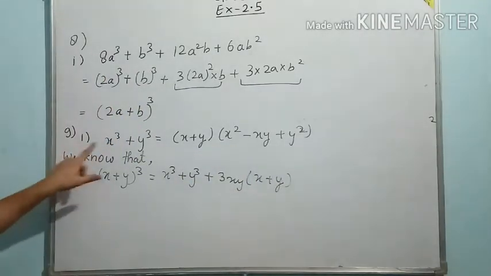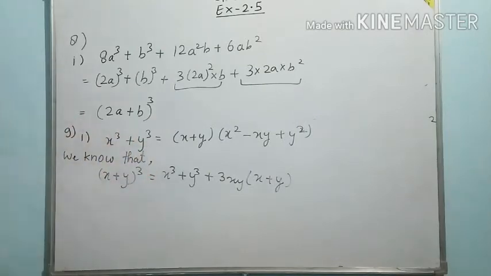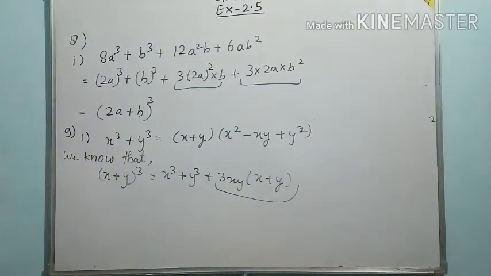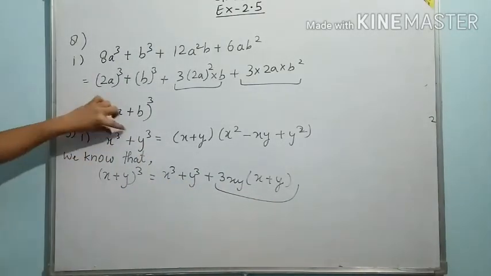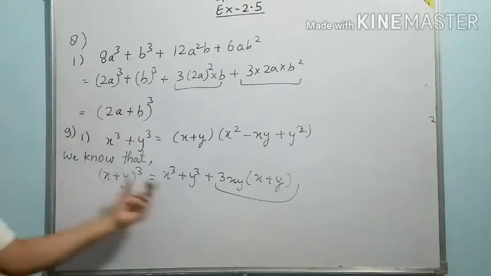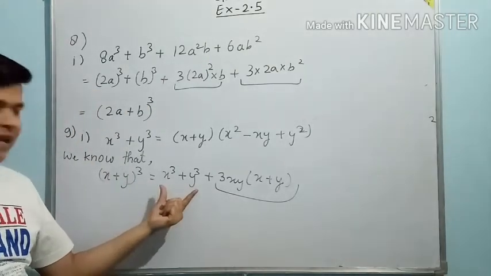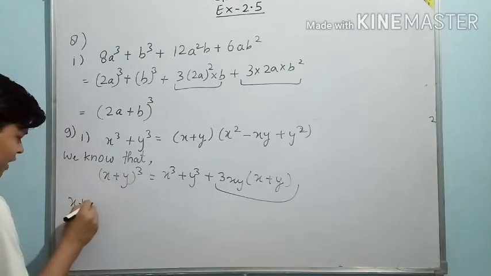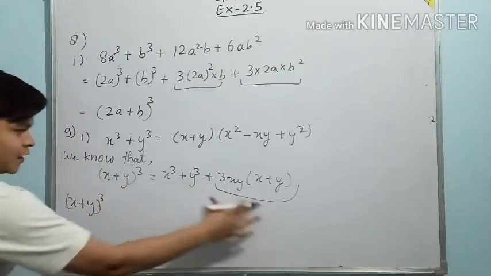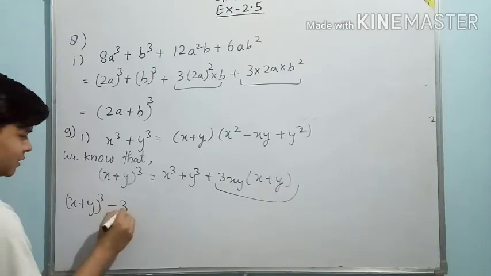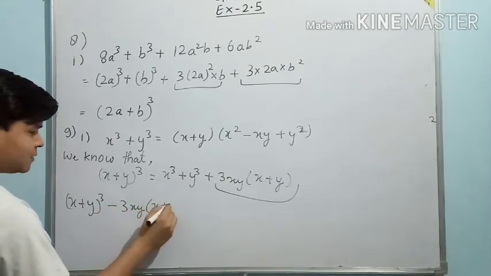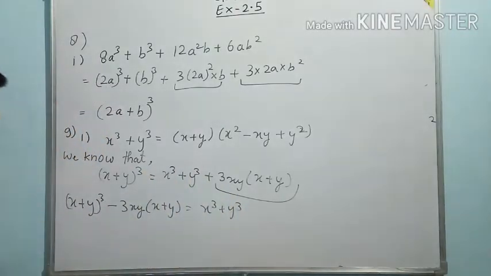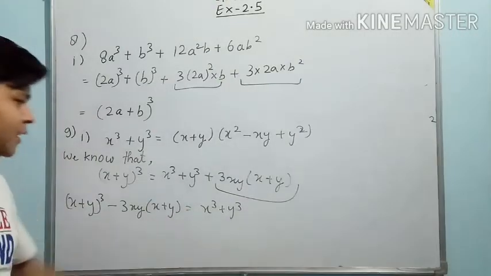So x cube plus y cube we need on one side, alone and separate. So this I am keeping here, and this part I am sending to the LHS. So we have (x plus y) whole cube, and plus will become minus 3xy, and in bracket (x plus y), and this will remain the same, x cube plus y cube. I hope you are all clear till this step.